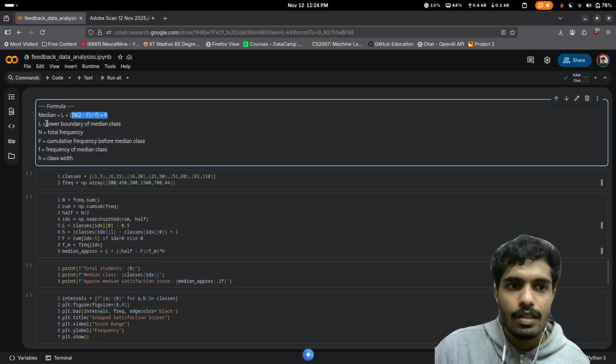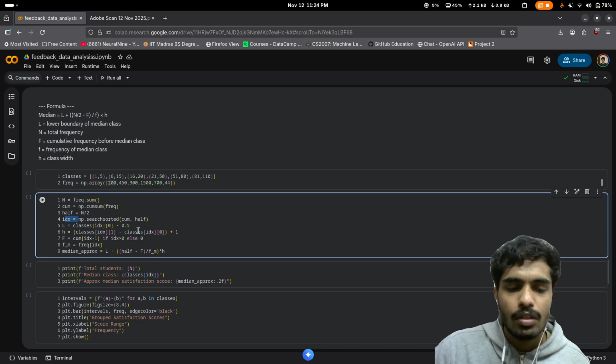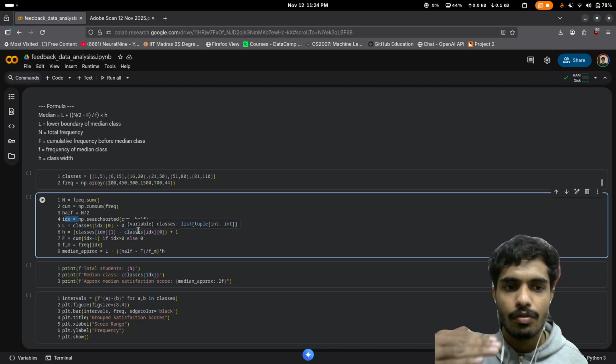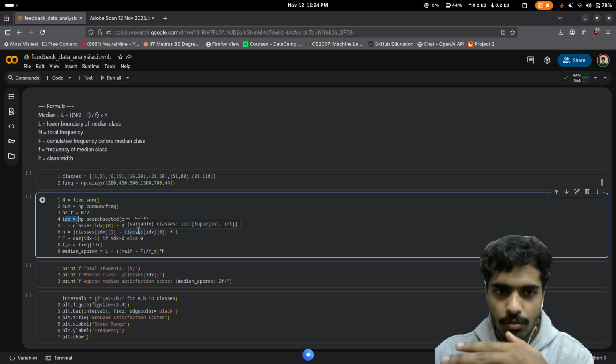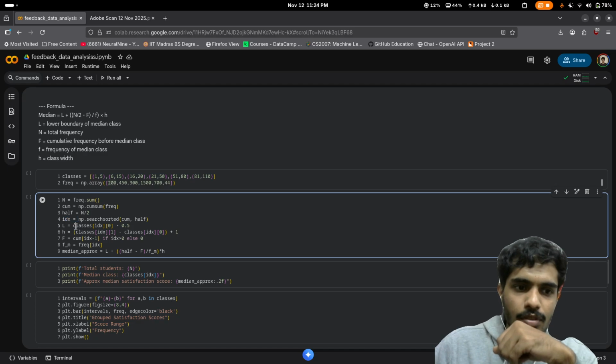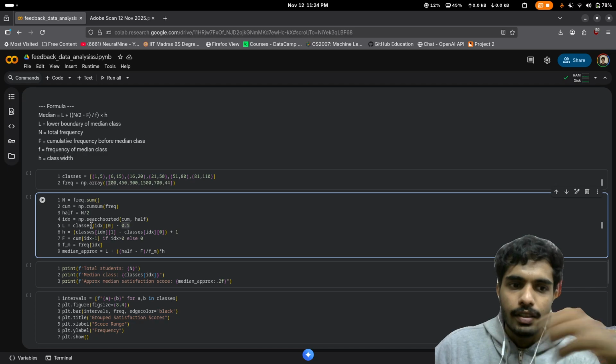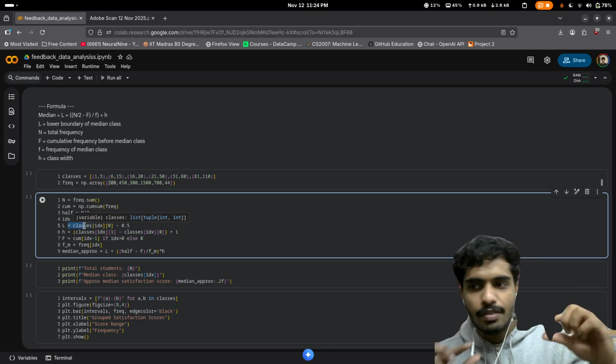L is the lower boundary of the median class. After the idx, we found the cumulative value at which we need to stop, right? At that point we capture the lower boundary of that specific cell.